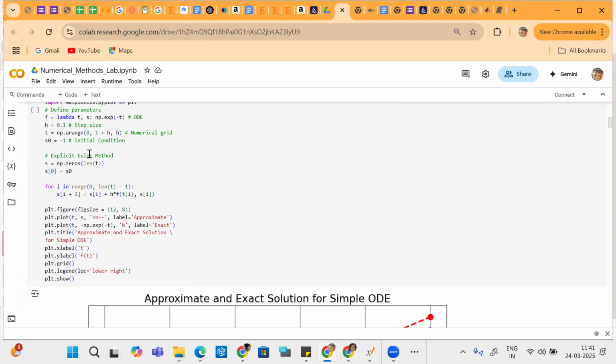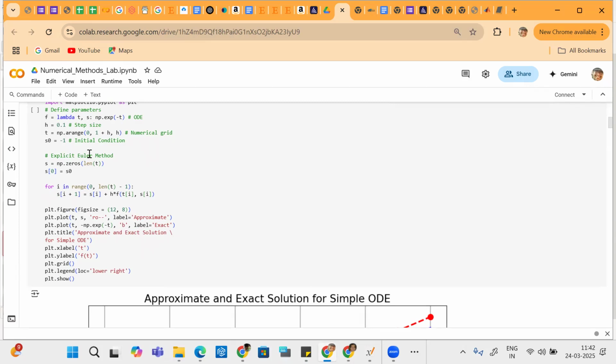So therefore, I need to find the grids for S, right? Then only I can find. How I can find the S array? You have been given this value. Using this value, you find what is this value. Once you get this value, using this value, you find next.